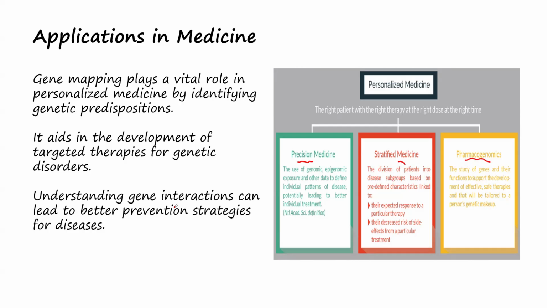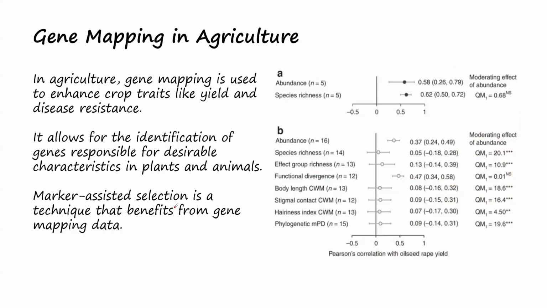So this is how you can apply the knowledge of gene mapping in personalized medicine, especially in precision medicine, stratified medicine, and pharmacogenomics. And then gene mapping in agriculture. In agriculture, gene mapping is used to enhance crop traits like yield and disease resistance. For example, scientists realized that there are so many insects that usually feed on our crops.